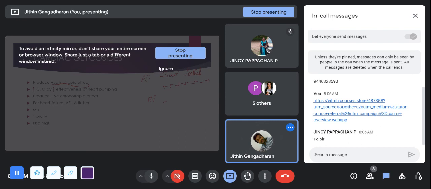In atrial fibrillation, you won't be able to identify the P wave. It is like a fibrillating P wave. Normally the P wave is followed by a QRS complex. Here, at the time of the P wave, there will be fibrillation.